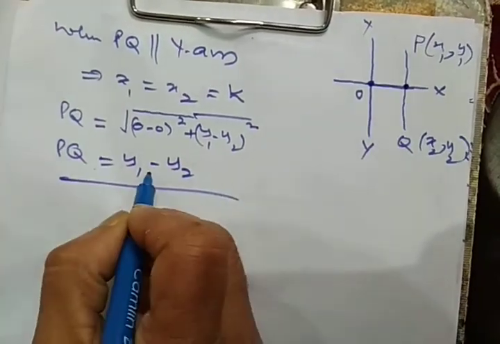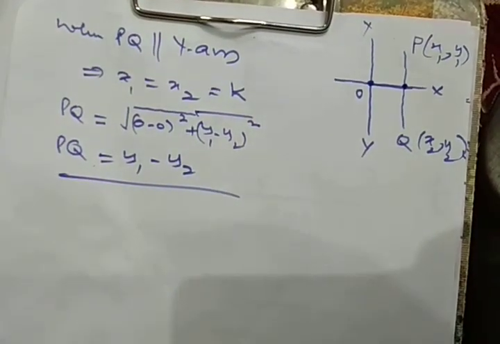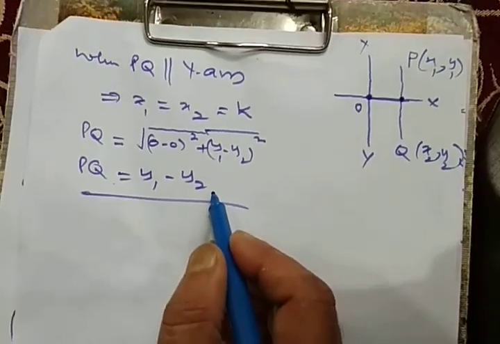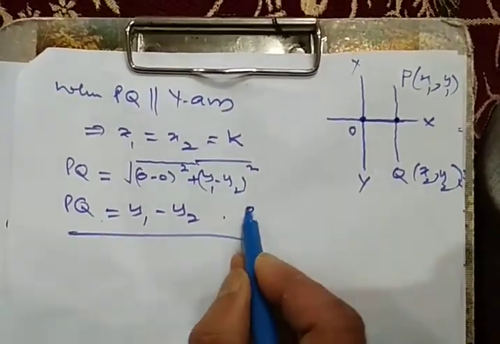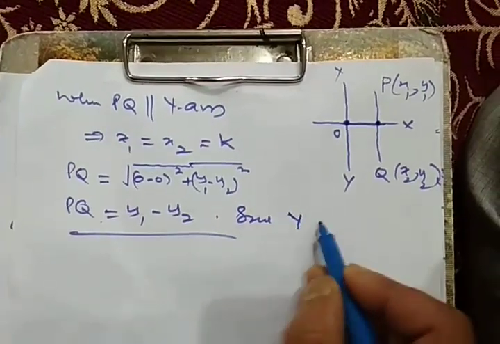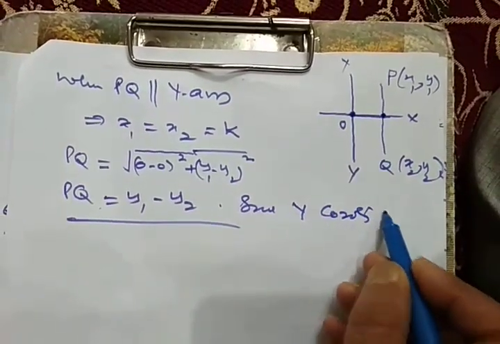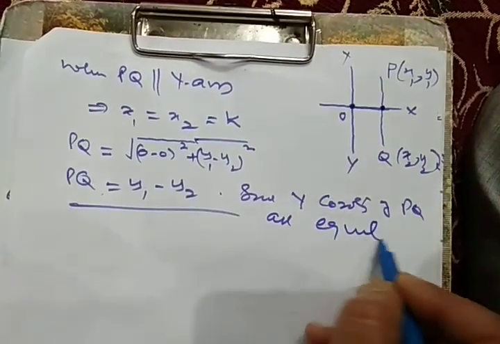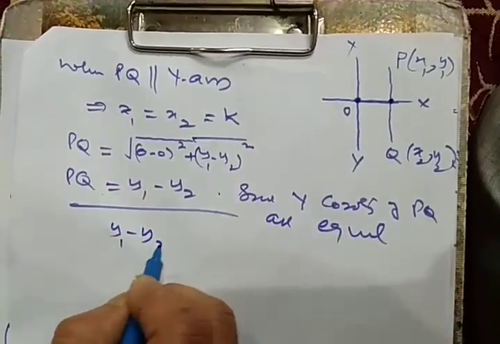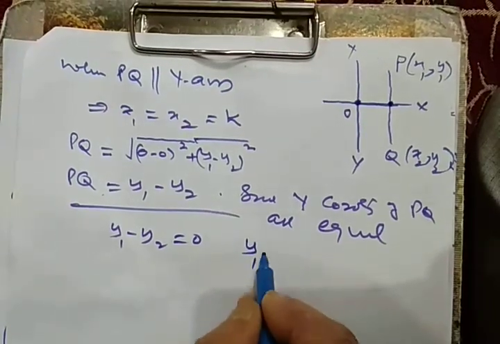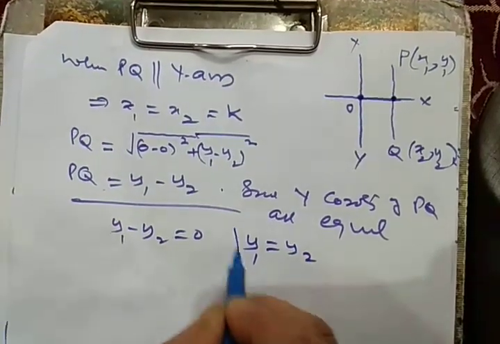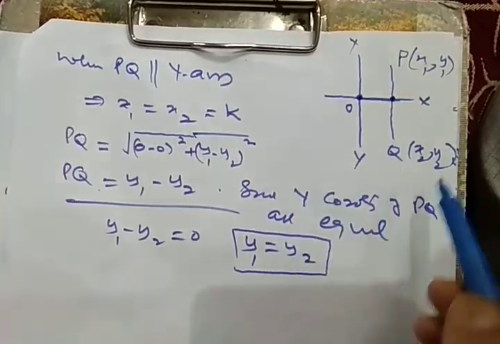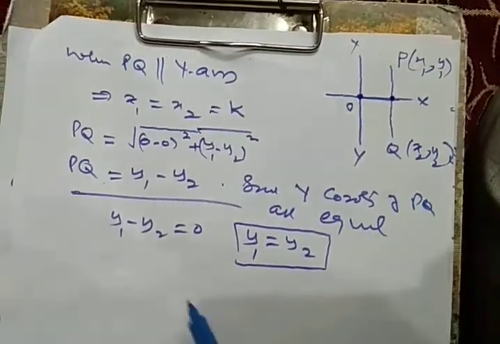Since the y coordinates of P and Q are equal, this implies that y1 minus y2 is equal to 0, that gives us y1 equals y2. So the ordinate of this point P is the same as that of Q. So this was the first question.